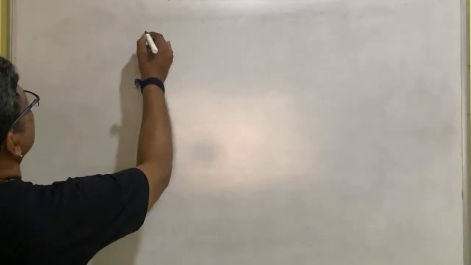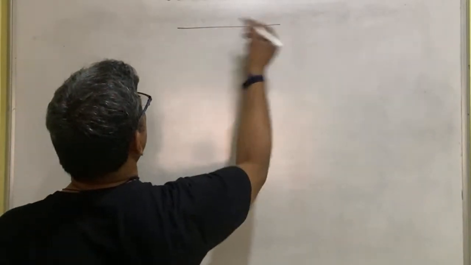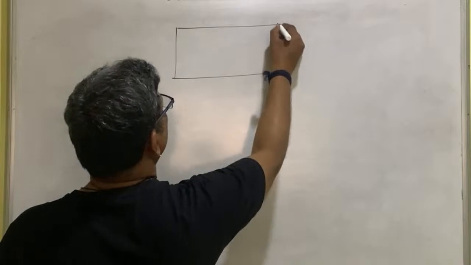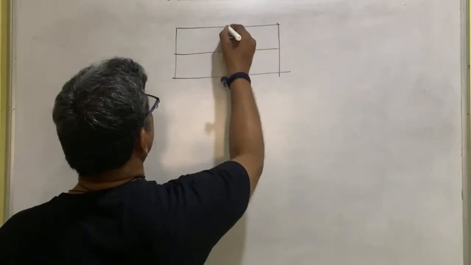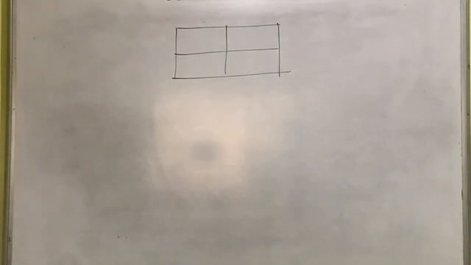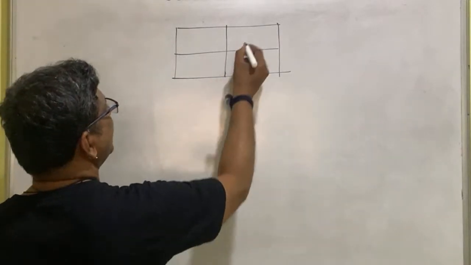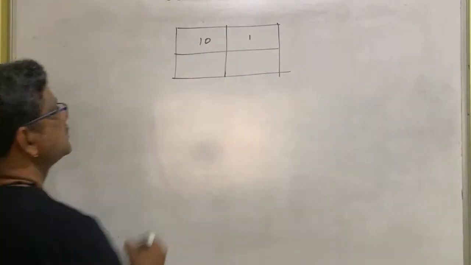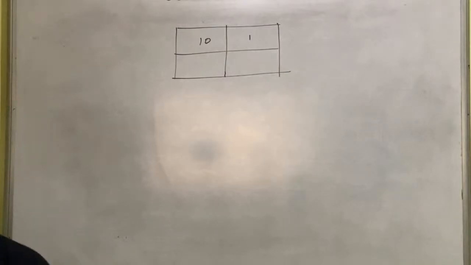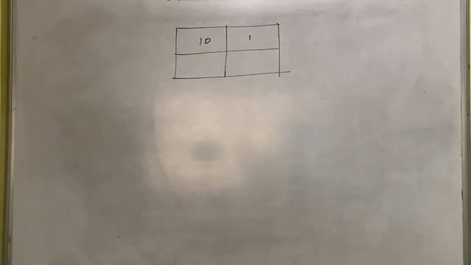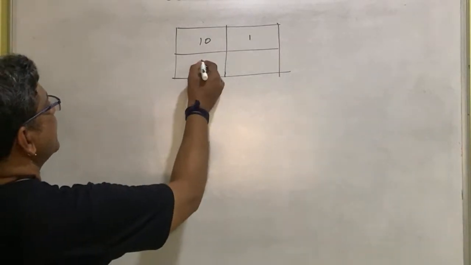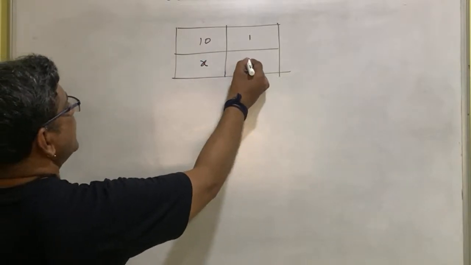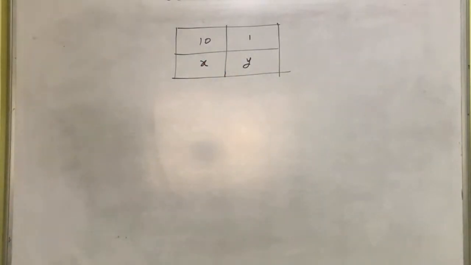See. Make a box like this. 2-digit number means 1's place, 10's place. Let the digit in the 10's place be x and the 1's place be y.